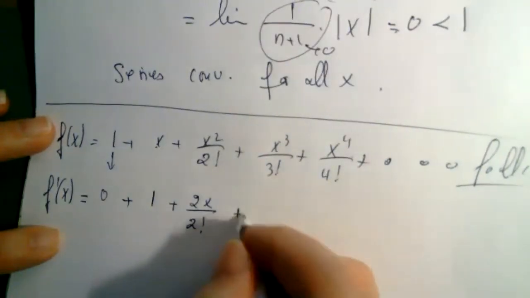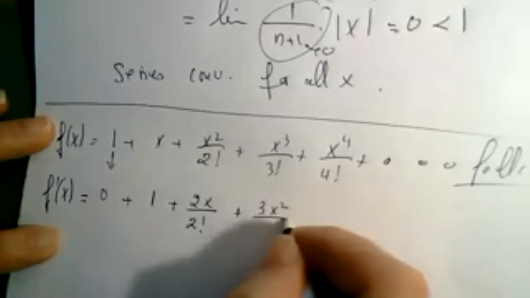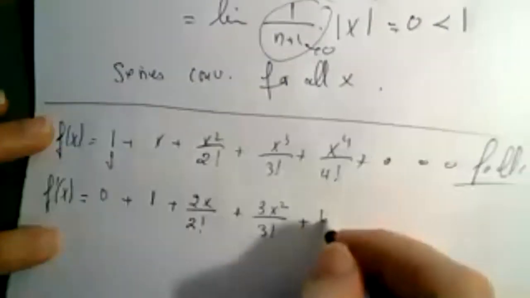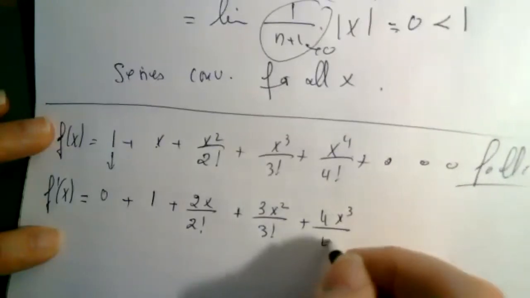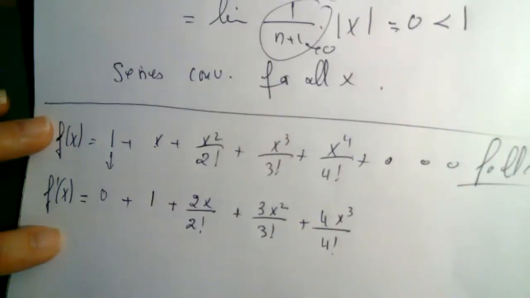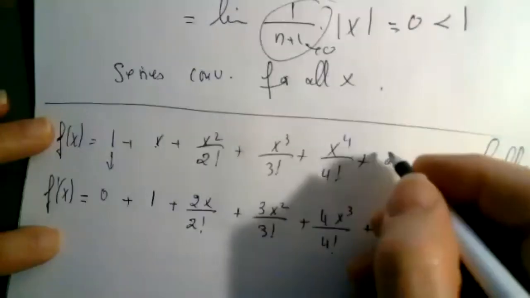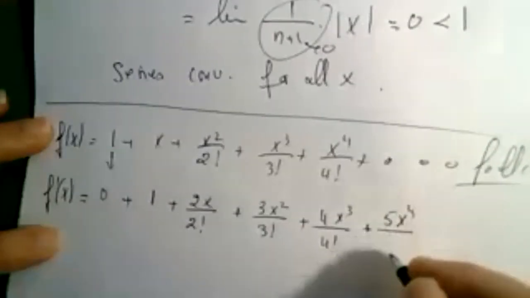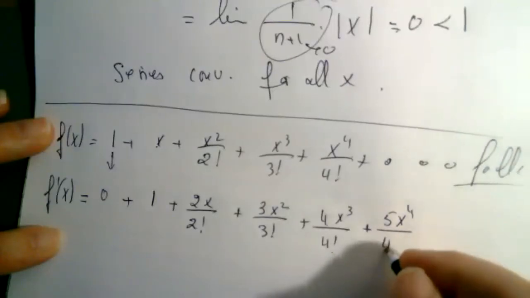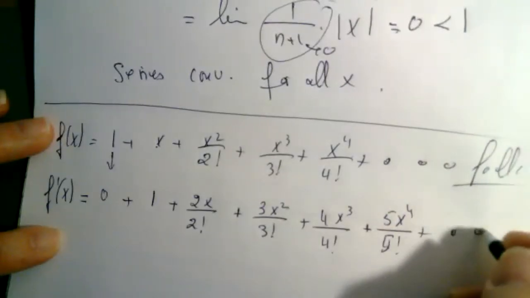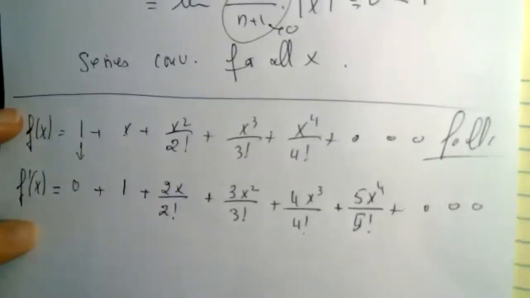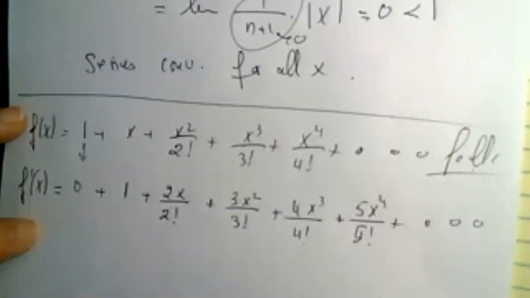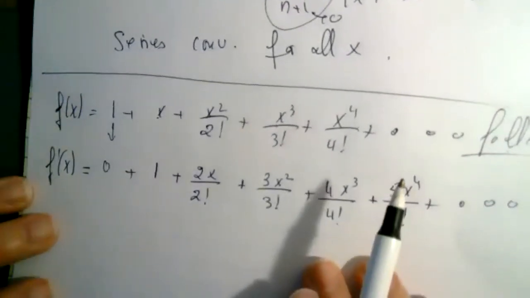The derivative is 3x squared over 3 factorial. 4x cubed over 4 factorial. Term by term derivative. Plus, if I had x to the 5 here, it's going to be 5x to the 4 over 5 factorial, plus so on. And this new series will converge everywhere the original one converged. It means for all x, without even computing its rate of convergence.